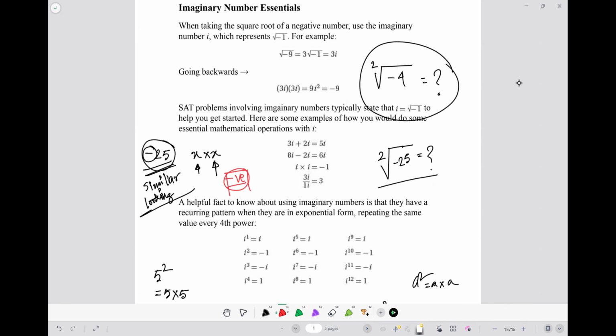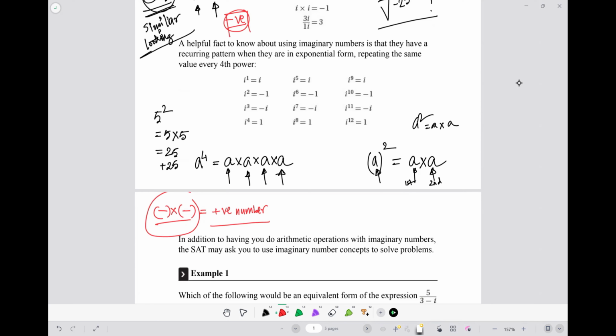No, it's not really possible in your real world, because if you multiply plus 5 with negative 5, you are not multiplying the exact same number.